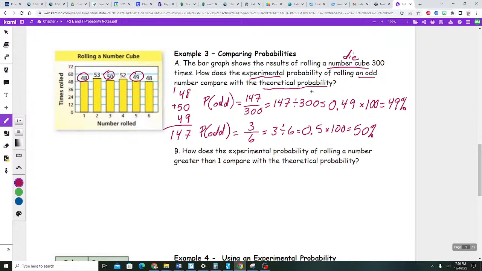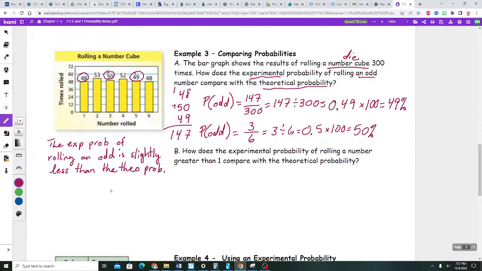So what we see is that the experimental probability of rolling an odd is slightly less than the theoretical probability, which shouldn't concern you too much.